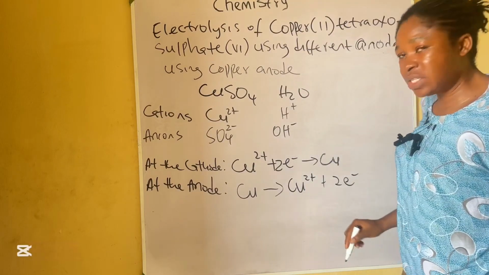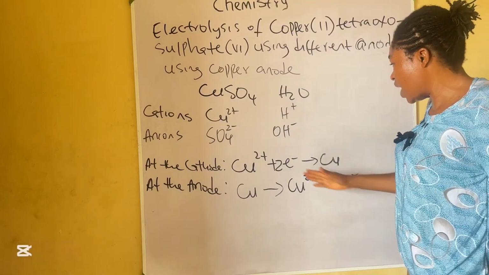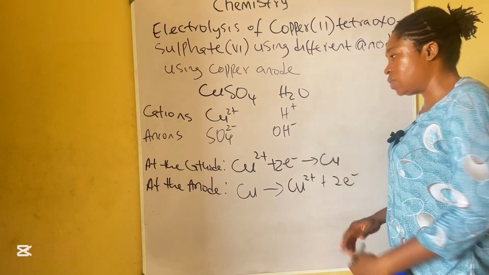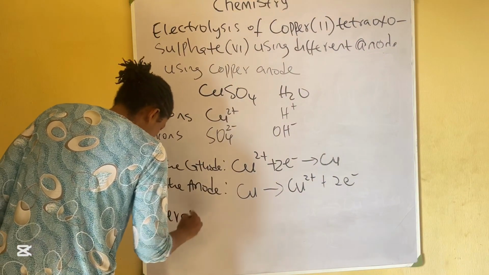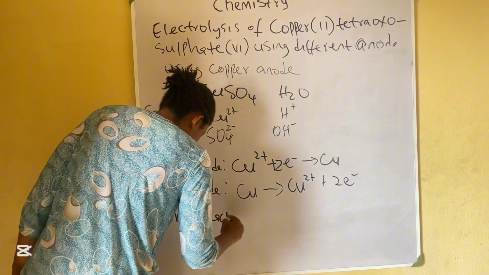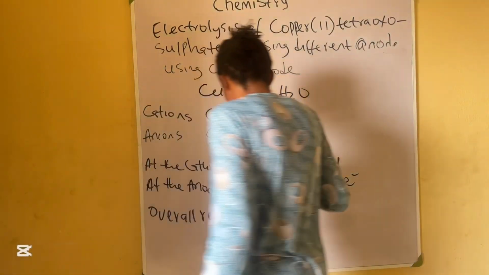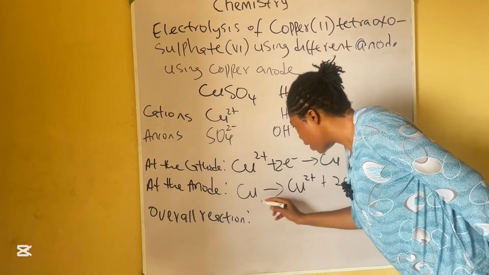Okay, so let's look at the overall reaction. Because I have 2 electrons here and 2 electrons there, the overall reaction will be the algebraic sum of the 2 reactions.